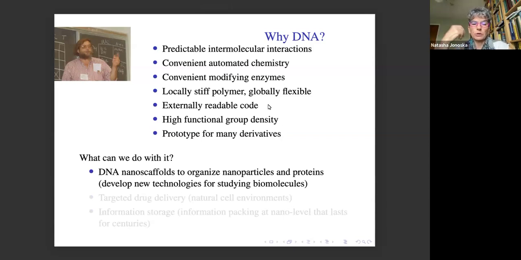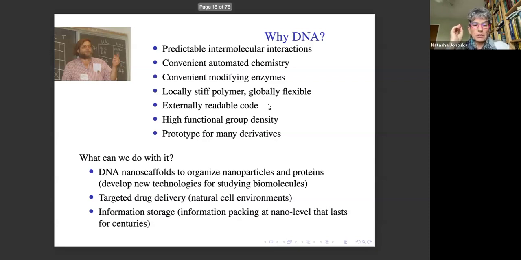We can develop new technologies for studying biomolecules. We can use it to design targeted drug delivery because it can react in natural cell environments. And we can use it as information storage. As I mentioned, lots of information can be packed in, even in one helical turn.